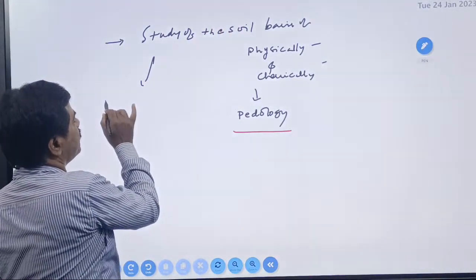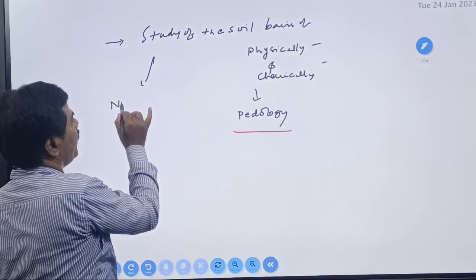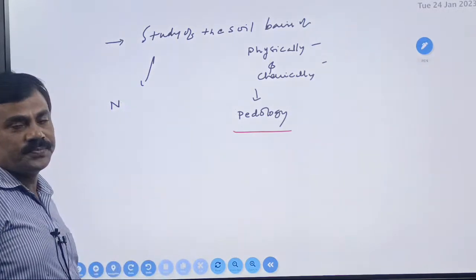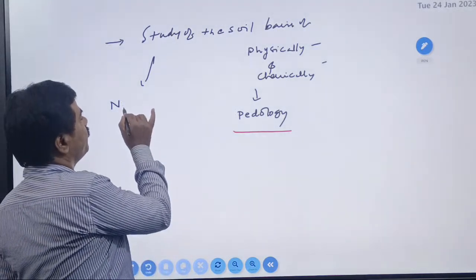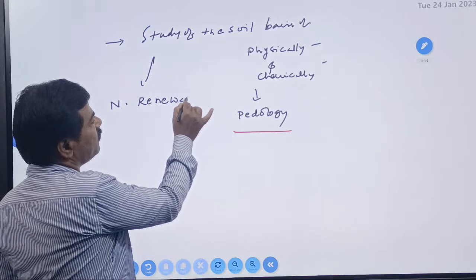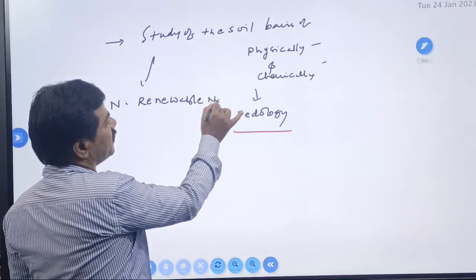Soil is one of the major natural resources and also a renewable natural resource.